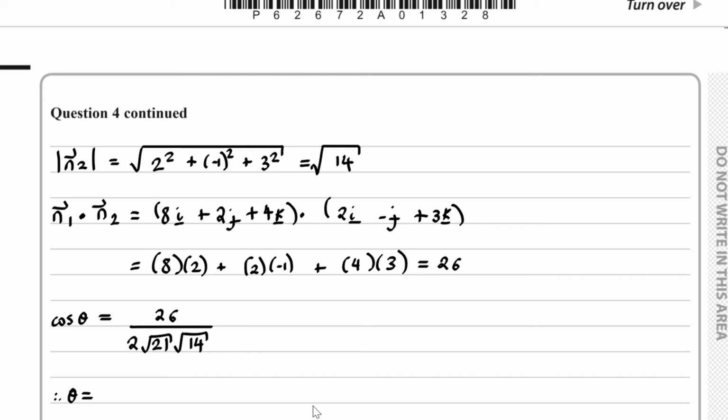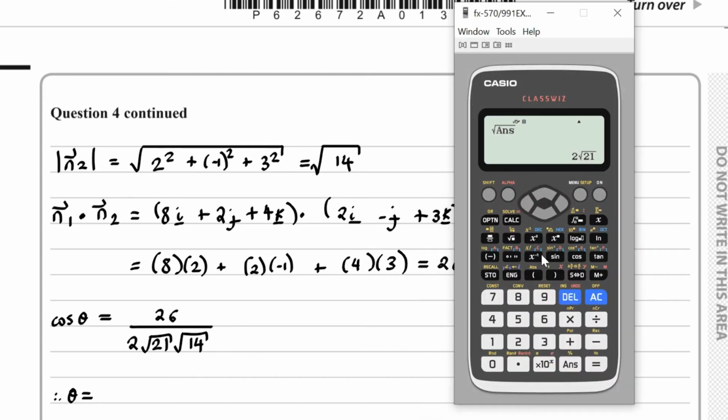And if we solve for theta, giving our answer to the nearest degree, we have the inverse cos of 26 over 2 times the square root of 21 times the square root of 14. It turns out we get 41 degrees to the nearest degree.